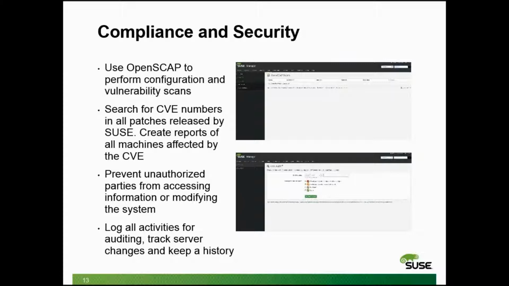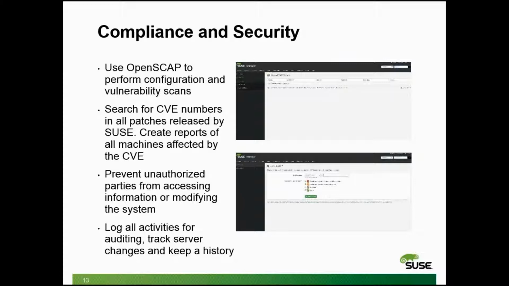Another important aspect is how we tie the patch management into the CVE standard. So CVE, Common Vulnerability and Exploit numbers. Those are numbers that are given to any critical security issue that is found on any operating system.